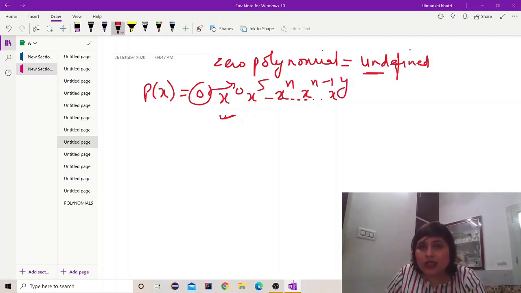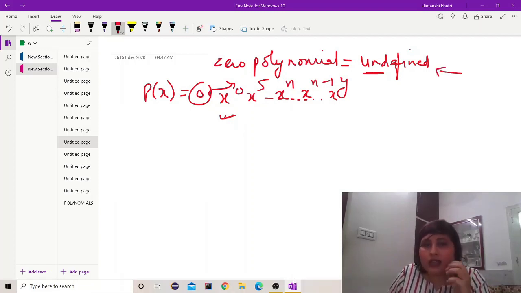So is the degree of this defined? Is the variable part defined here? How many variables do I have in this zero polynomial? We can't say. Hence the degree answer comes out undefined. We cannot define the degree of a zero polynomial, because any number of variables can be written in front of 0 and it will give us 0 only, since anything multiplied by 0 is 0 itself.